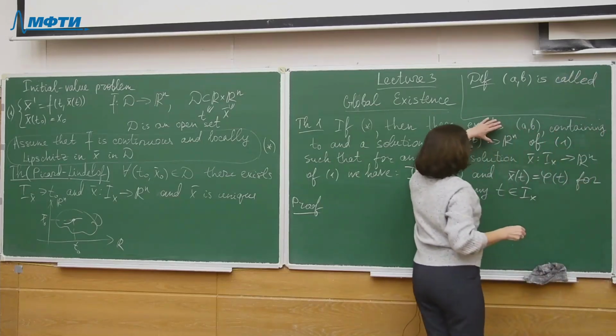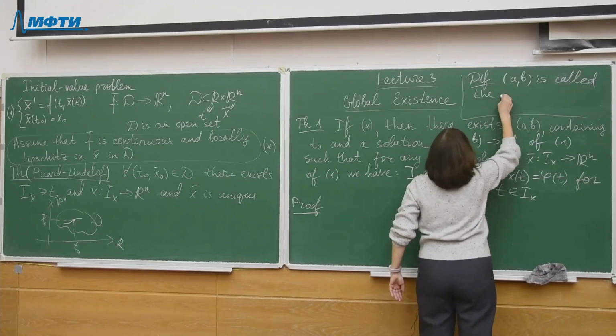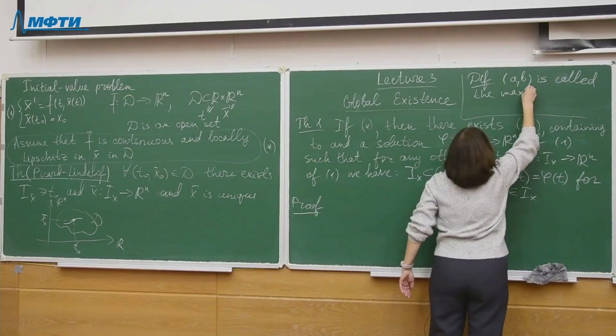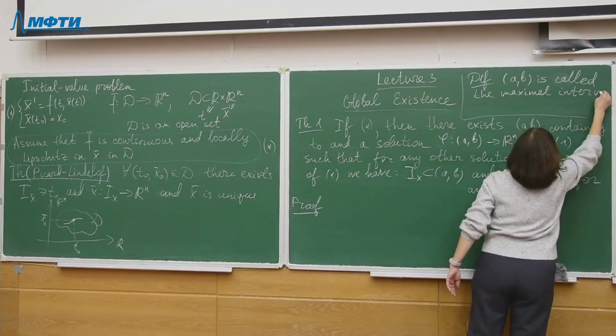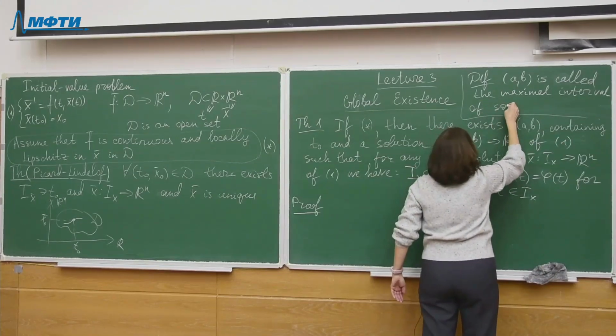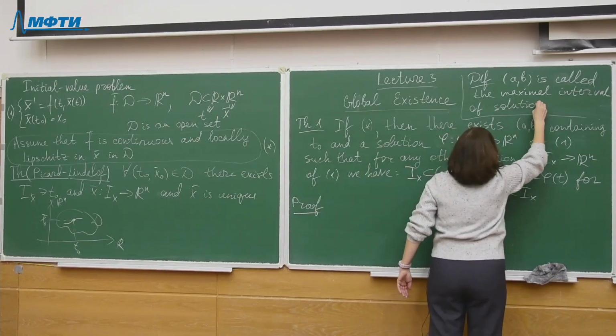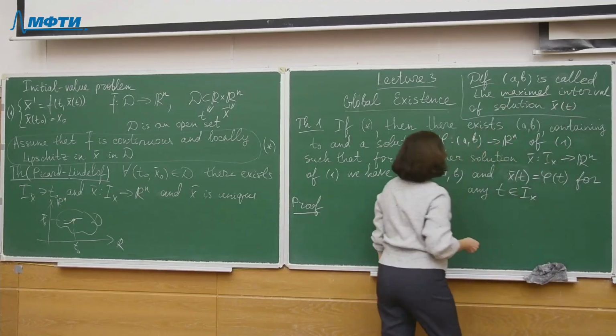Under the assumption of this theorem, AB is called the maximal interval of solution x of t. So maximal interval.